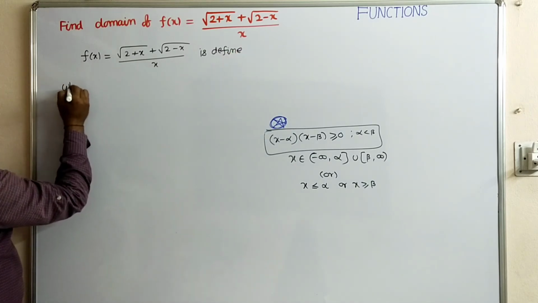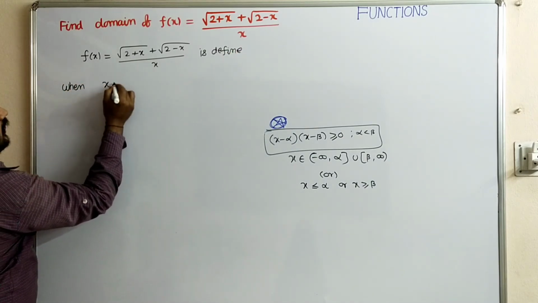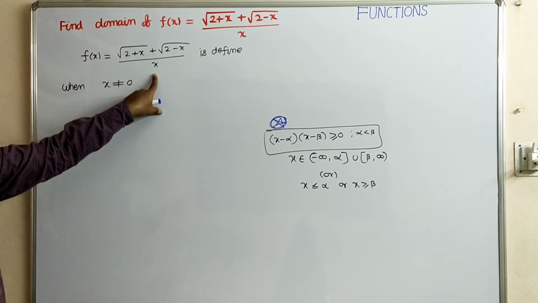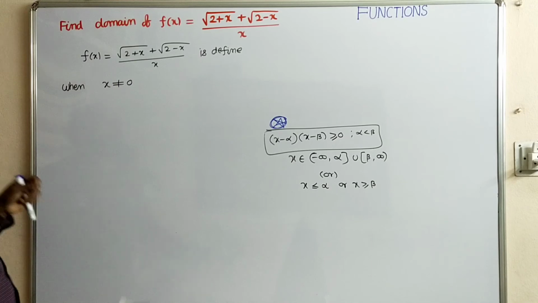when, first thing, x should not be equal to 0, the denominator value. After that go to the numerator.